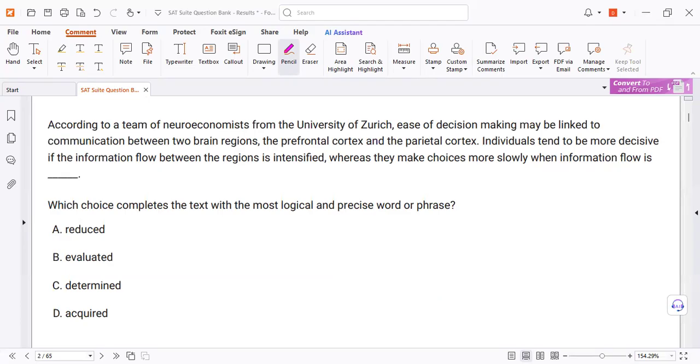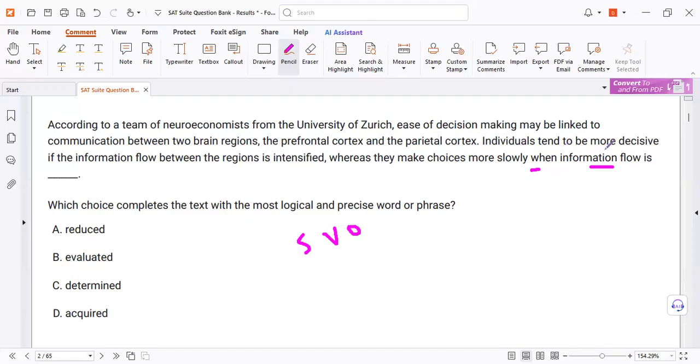Not A and not D. Let's follow the rules. This is verb and the subject and object. Here, when information flow is, so we have when to read before.